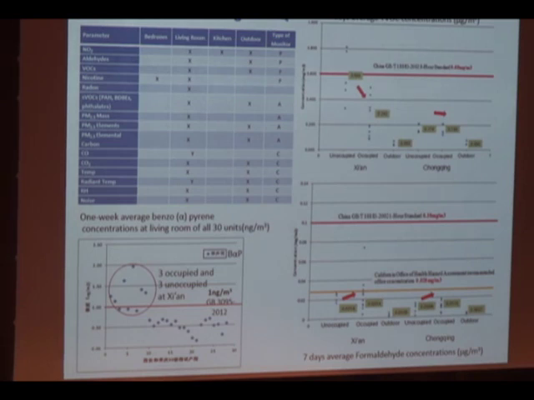For example, formaldehyde is even lower than the code in California, and TVOC is lower than the national code. And also, the occupied is higher than the unoccupied. That means we should spend more time to remove these TVOCs before we deliver the new house to the occupant, to the client. I think this is a very important issue.